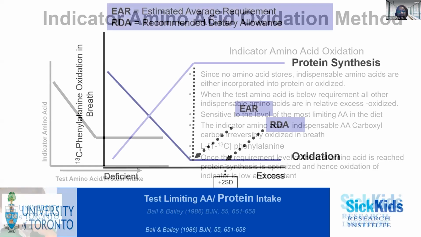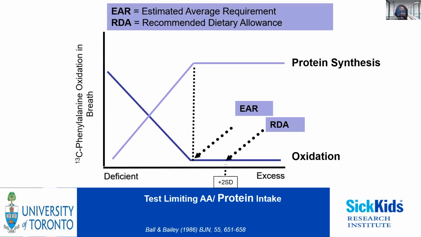Now, this was validated by Ball and Bayley at the University of Guelph in pigs many years ago, in 1986. What they saw was that indicator oxidation is the inverse of protein synthesis. They did this by looking at retention of C14-labeled phenylalanine in liver tissue of pigs.